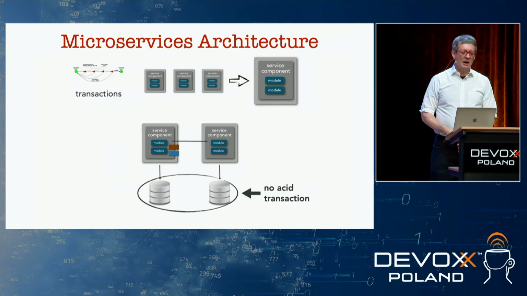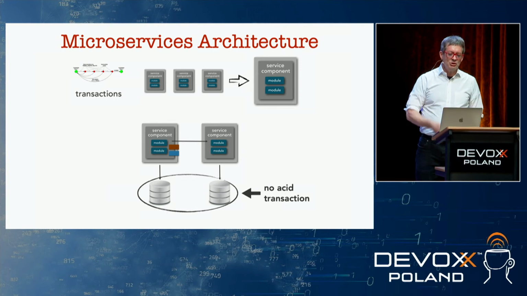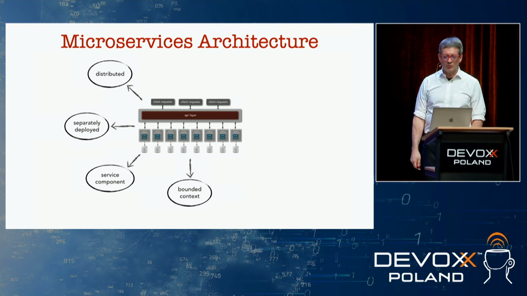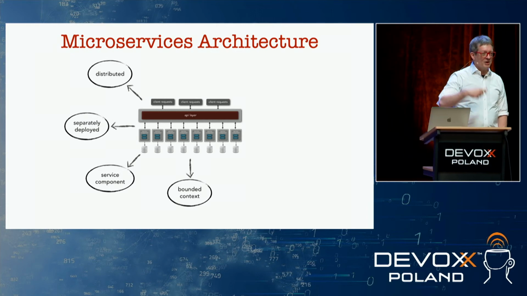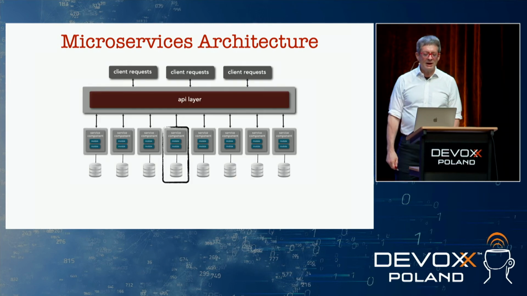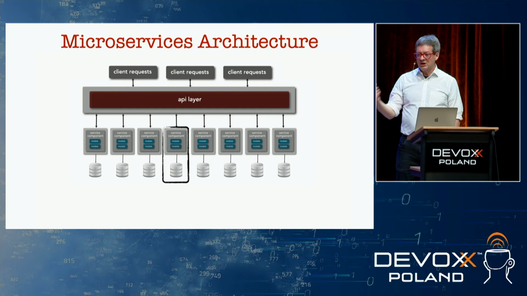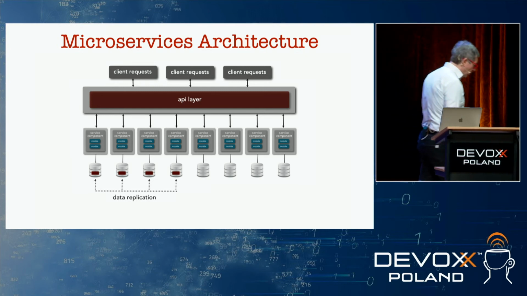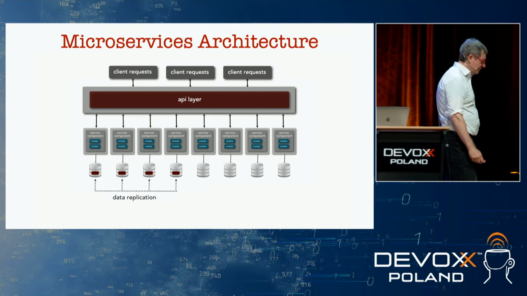I mentioned transactionality you want to try to avoid in this architecture as much as possible, and a lot of the patterns in this world are ways around that. The overriding philosophy here, of course, is the bounded context idea from domain-driven design, and that really informs this architecture, and especially the inclusion of the data within the service boundary, which of course makes transactions part of your architectural decision-making within this architecture.